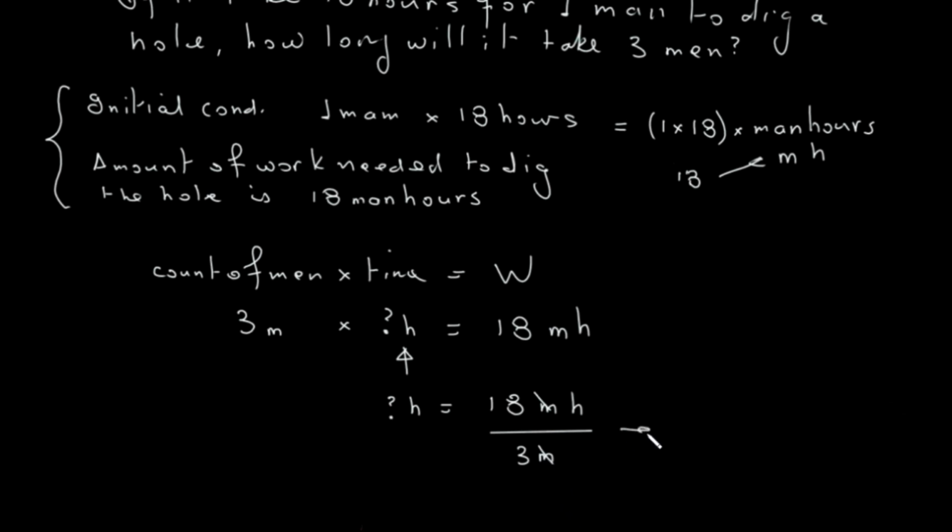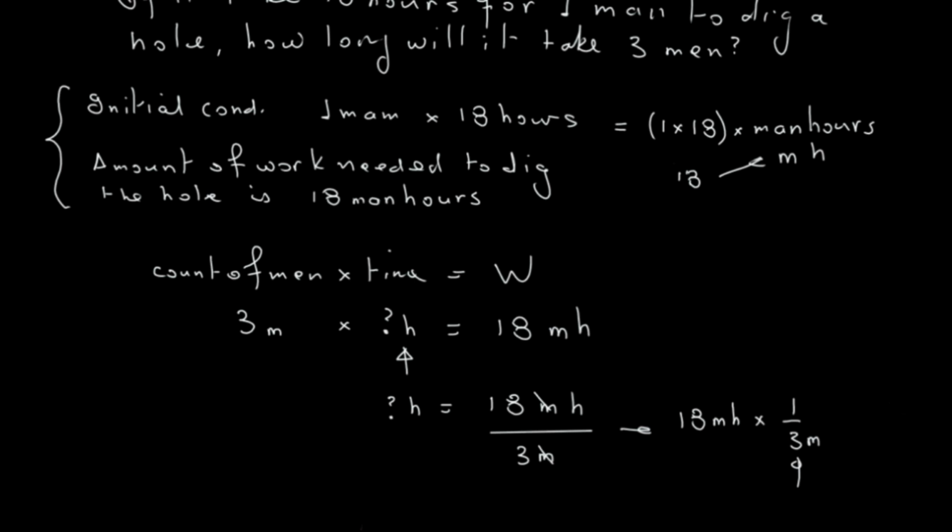This is where the inverse comes in. 18 man hours times 1 over 3 men. That is the inverse bit. Inversely proportional to. So that was our x and that was our k. That is the constant. That's the amount of work that needs to be done.